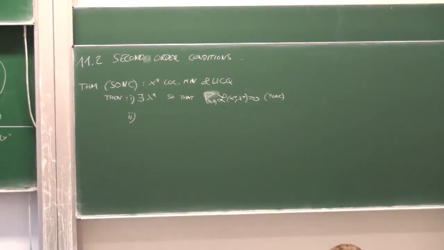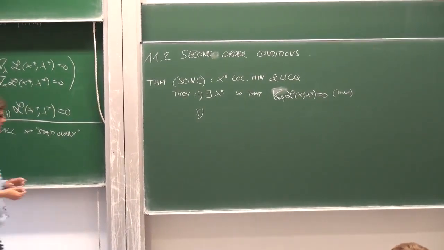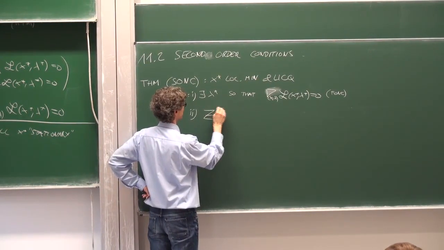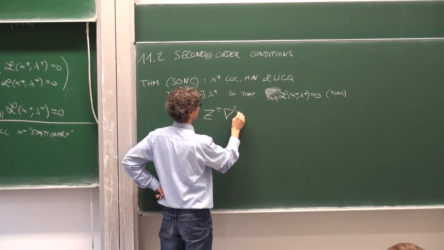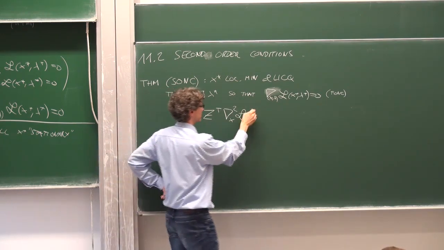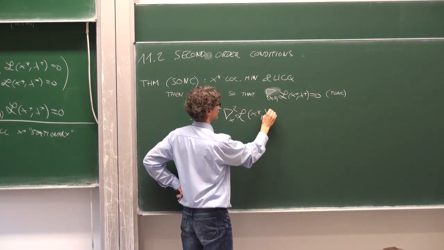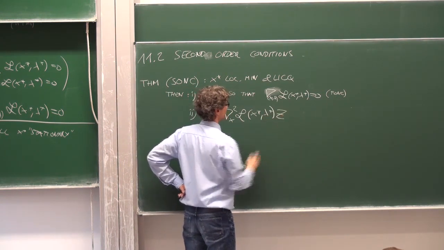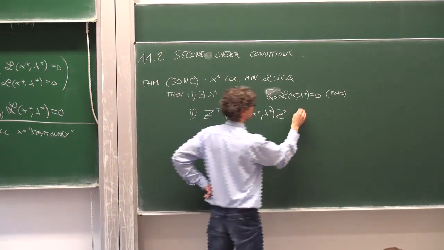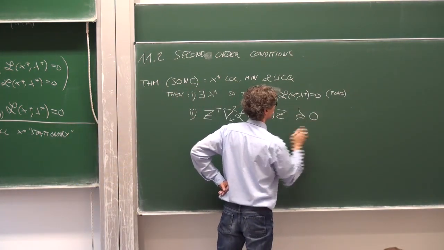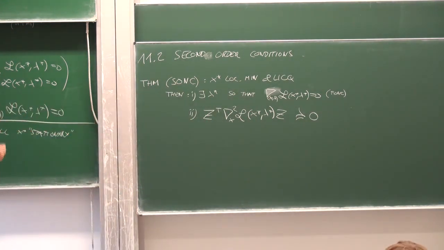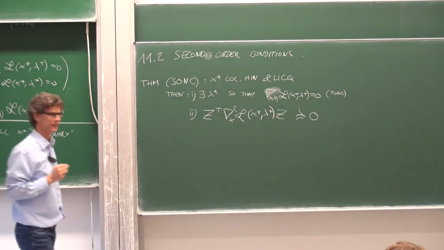But the second thing is a bit more interesting, and this says that the matrix that I get, and we will prove that in a minute, when I take the second derivative of my Lagrangian with respect to x at the point x star and lambda star, times Z, that this whole matrix must be a positive semi-definite matrix. And Z is still the null space basis from before.